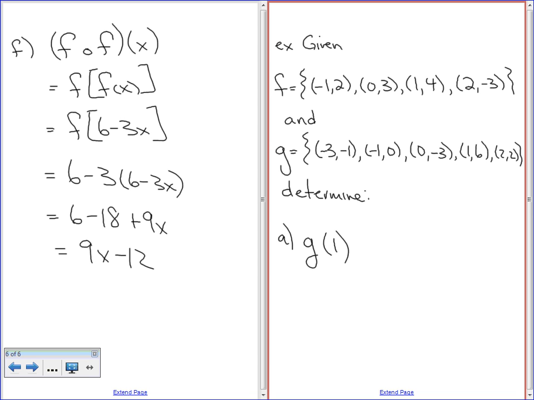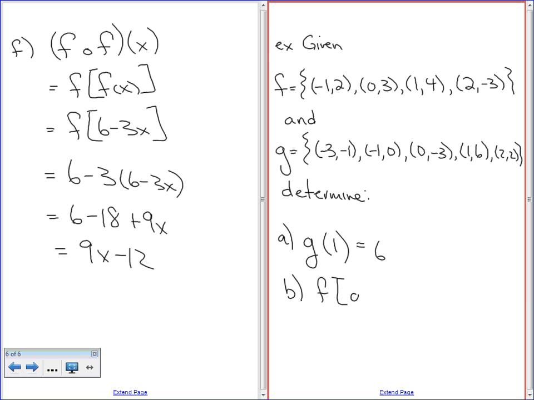Anybody? Right, which in this case is 6. Okay, so this tells you what function you're using, this tells you what value you're looking for, and this is the answer. Make sense?